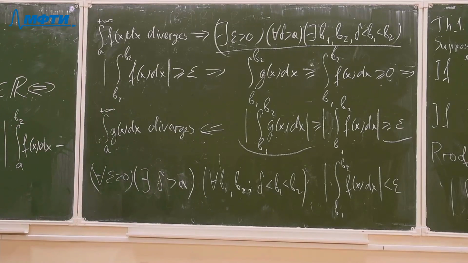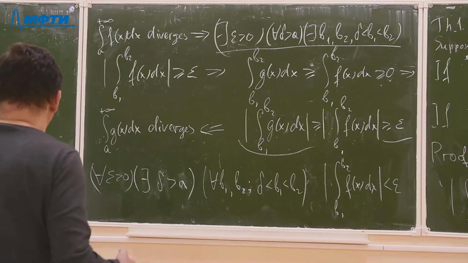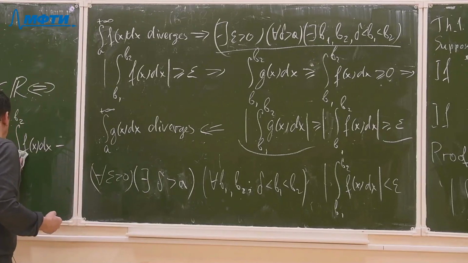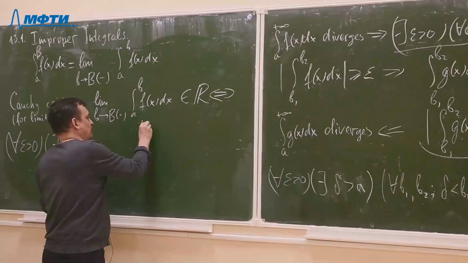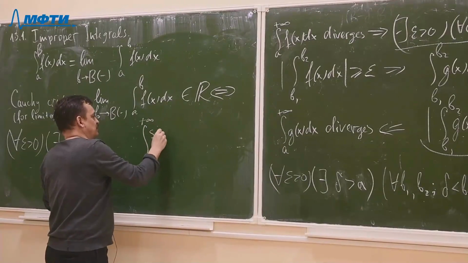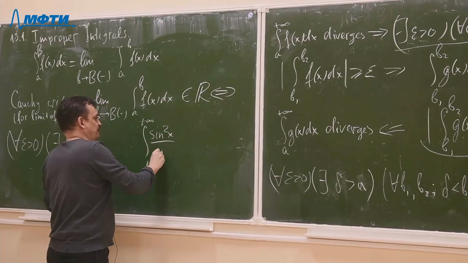That is how the Cauchy criterion works, and it gives us a very powerful tool, in fact, to study convergence. For example, look, what can you say about the integral from 1 up to plus infinity of sine squared of x over x squared dx?